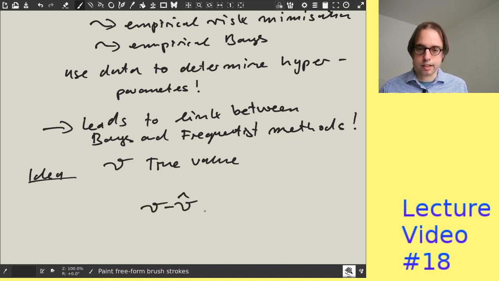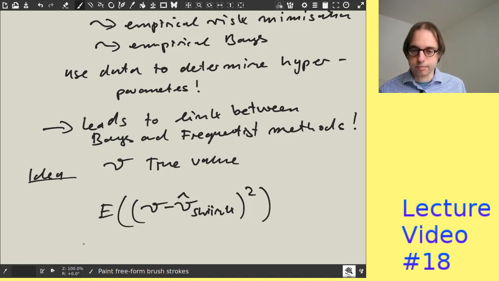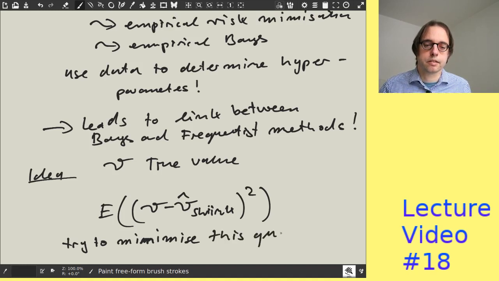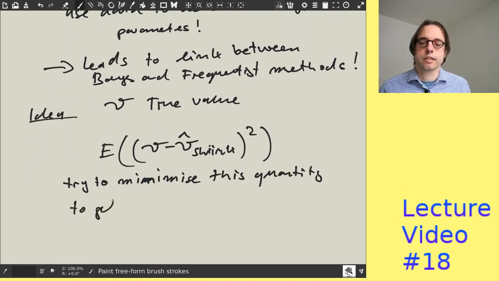So we take the shrinkage estimate, or the posterior mean, and we take the squared error from the true mean and then the expectation, and try to minimize this over lambda to get lambda.